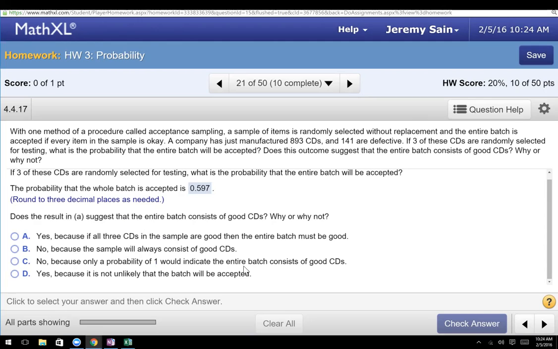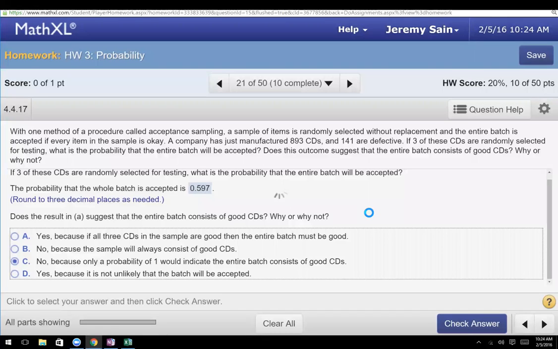Probability. I don't really like the way that words that, but I mean, it's true.